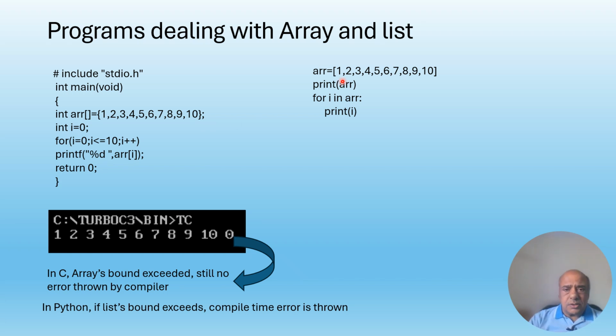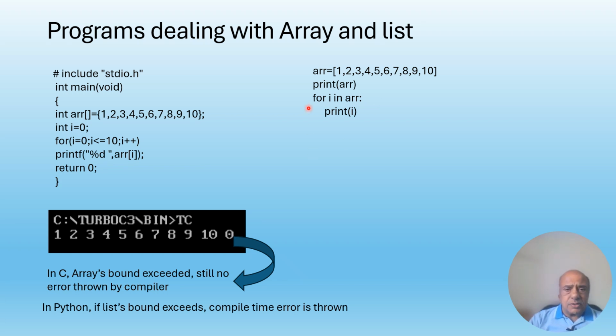In Python, they are enclosed in square braces. This print ARR statement is sufficient to display and throw the items to screen which are elements of list ARR.